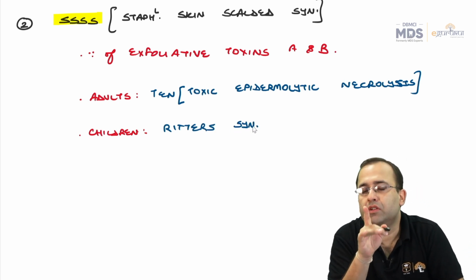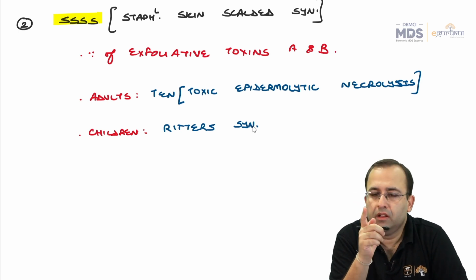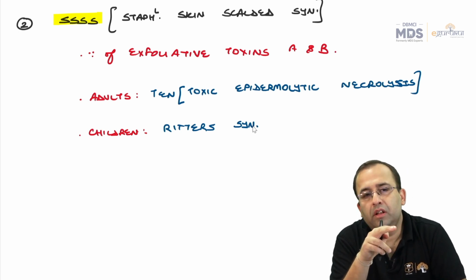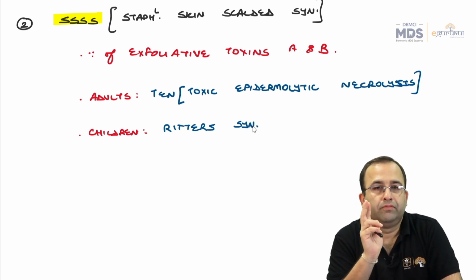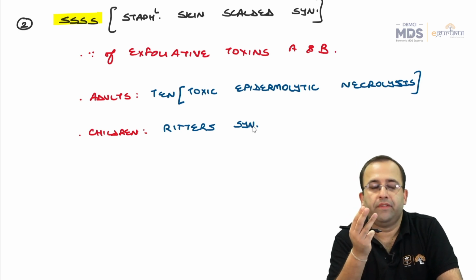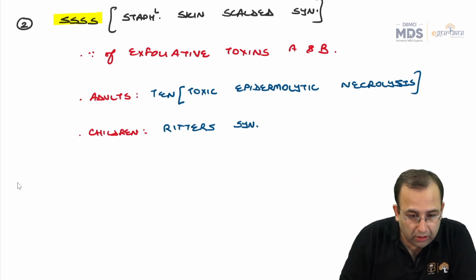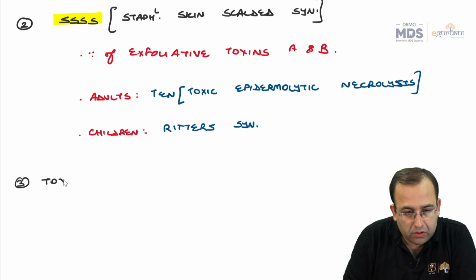So our first toxin-mediated illness was food poisoning. Next is staphylococcal scalded skin syndrome. And lastly, Staph aureus is also associated with toxic shock syndrome.